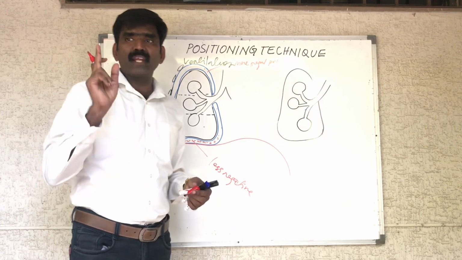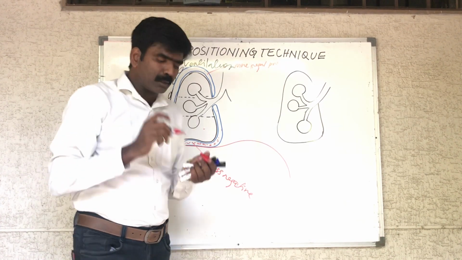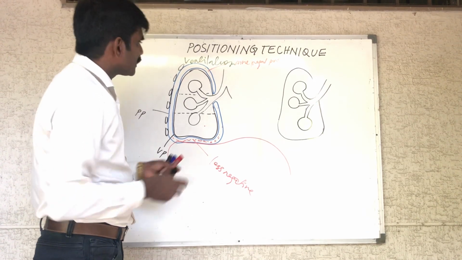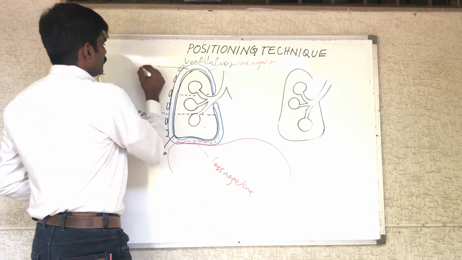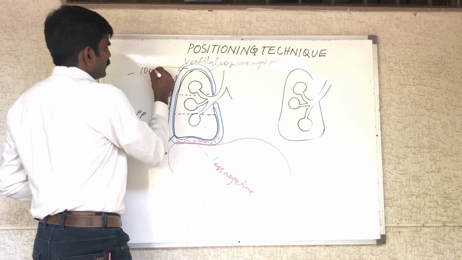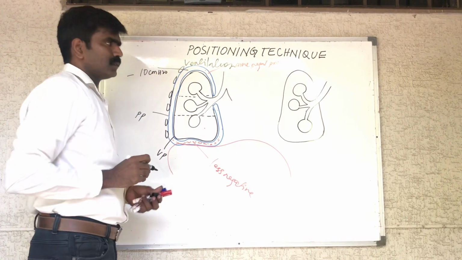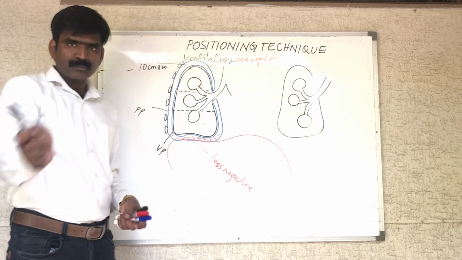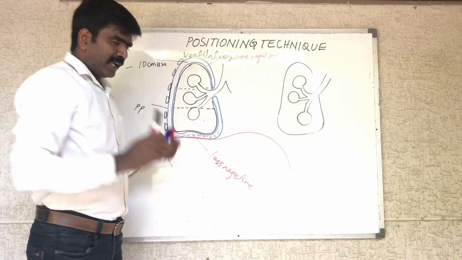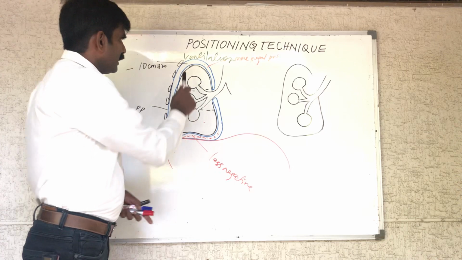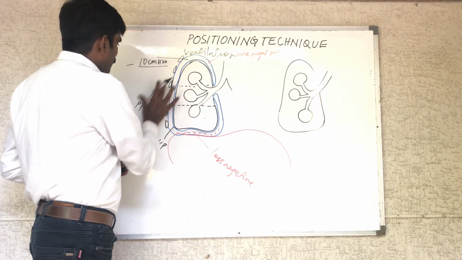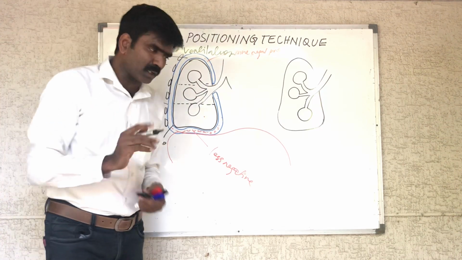We are talking about intrapleural pressure. Normally the intrapleural pressure is negative, but in upright position, near the apical lobe, the pleural pressure is -10 centimeter of water.